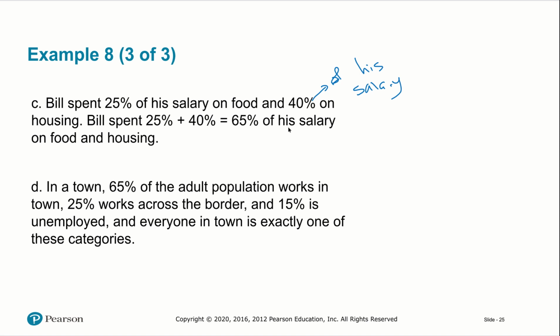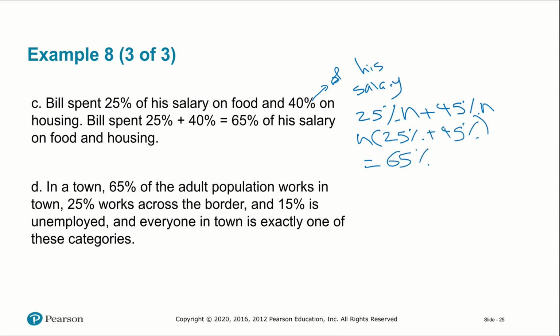Why? Because you're taking 25% of some number and adding it to 40% of the same number, which is the salary, right? So yes, you can factor out the n and say, okay, that's 25% plus 40%, which is 65% of n. You see? So that one works.